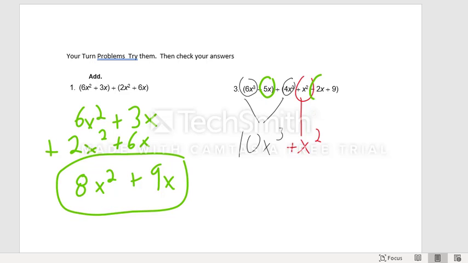X terms, 5x plus a negative 2x makes 3x. And then finally, 9, it's the only number by itself, so plus 9.